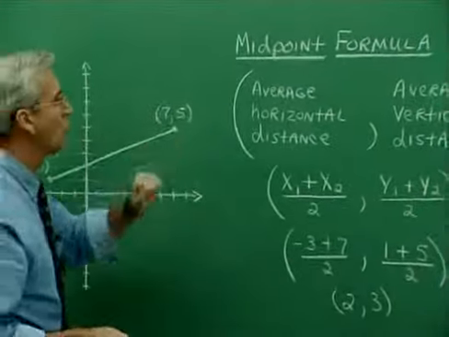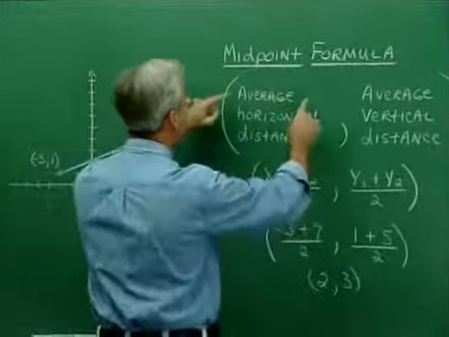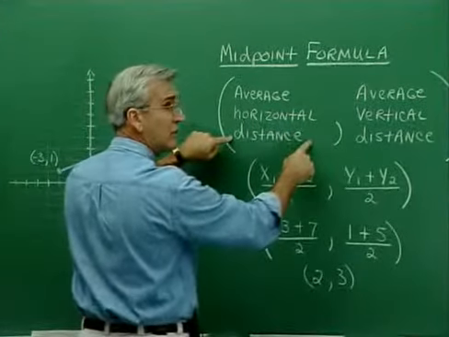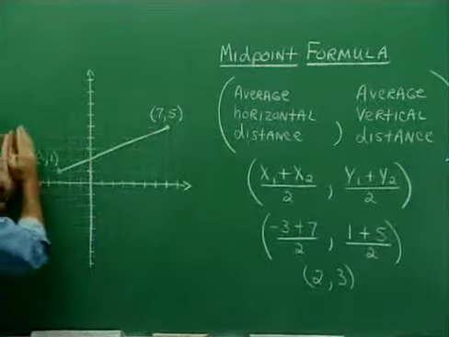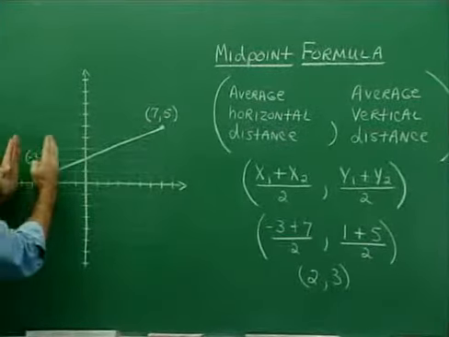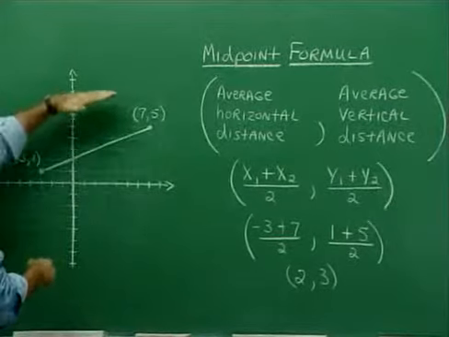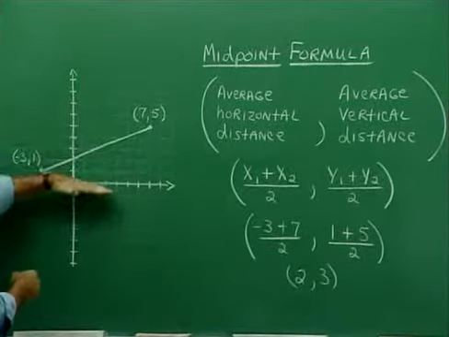The midpoint formula conceptually works like this. It's just the average horizontal distance, the average of the horizontal distances associated with the coordinates of those points, and the average vertical distance for the y component of that midpoint.